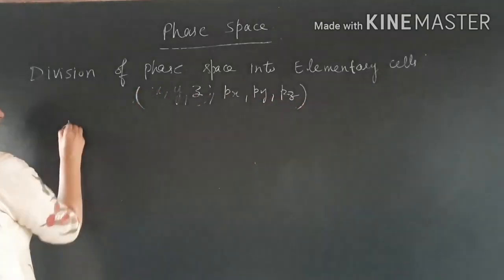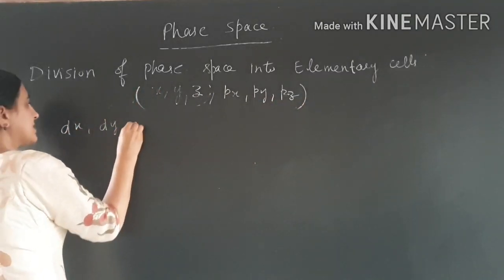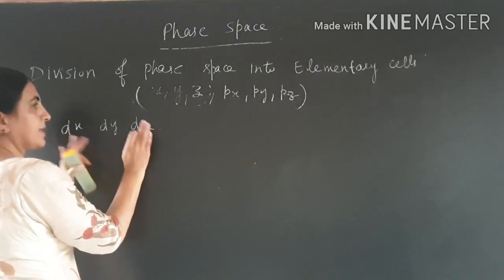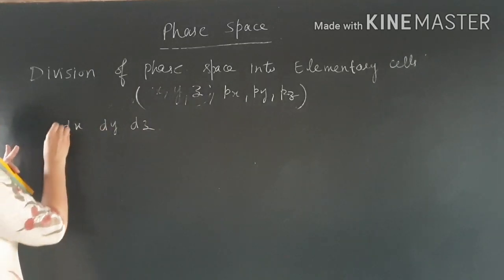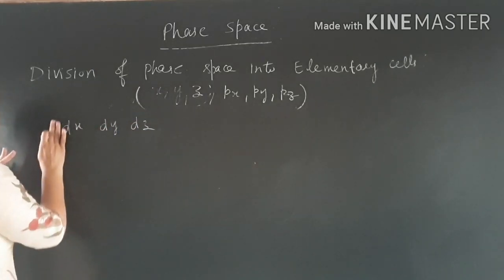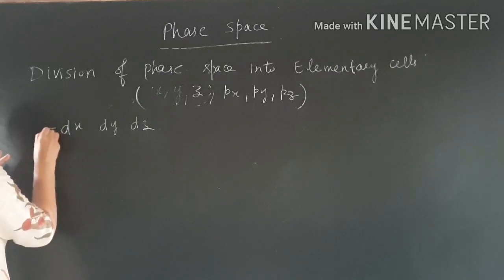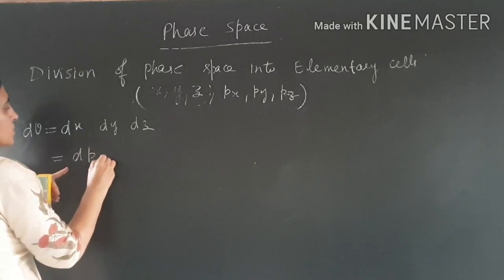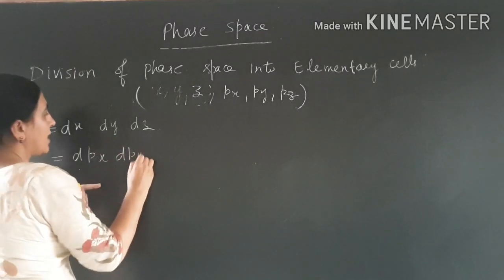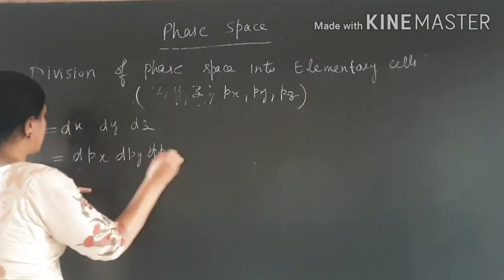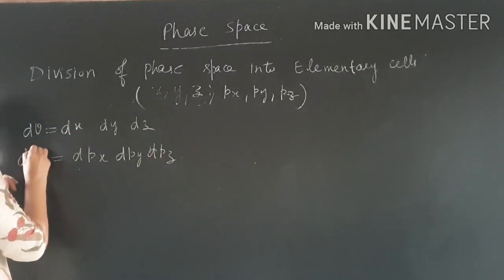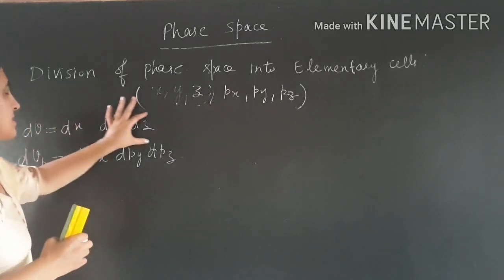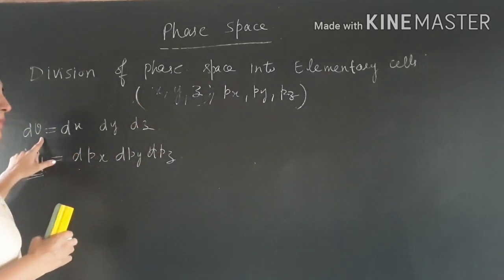So let the multiplication dx, dy, dz be equal to dv, and then the multiplication dpx, dpy, dpz is equal to the volume of momentum space. So this is the volume element.